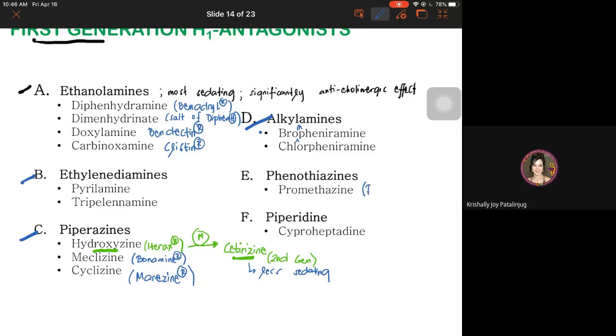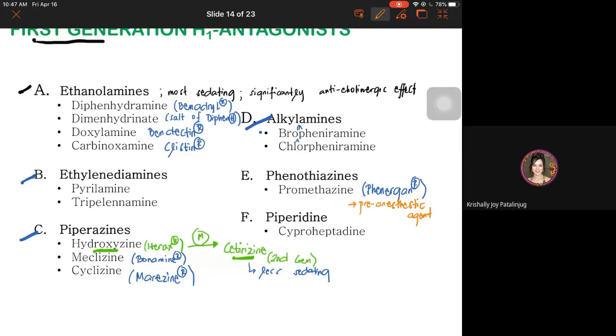Okay, ito naman marketed under the brand name Phenergan. So para asa siya, nowadays ginagamit siya as pre-anesthetic agent. And lastly, we have piperidine.